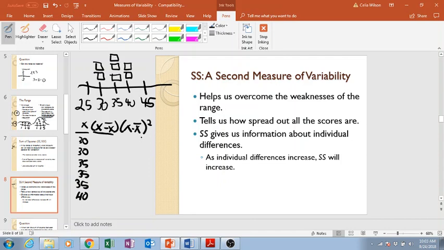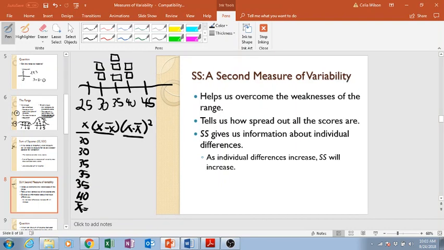So first step, we have to find the mean, and you can calculate the mean, or you can use our drawing up here to help you figure out the balance point. The balance point here is going to be 35. That's where the distribution is balanced on either side, so the mean is 35. So I'm going to subtract 35 each time. And I'll try to subtract correctly this time.